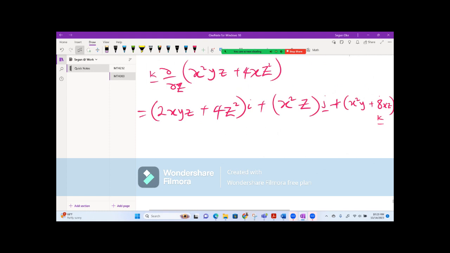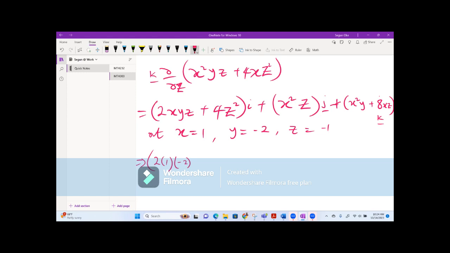So let's substitute at x equals 1, y equals minus 2, z equals minus 1, into our equation. What do we have? Let's do it together. For i, we have 2 into 1 minus 2 into what again? Minus 1. Plus 4 into minus 1 squared.